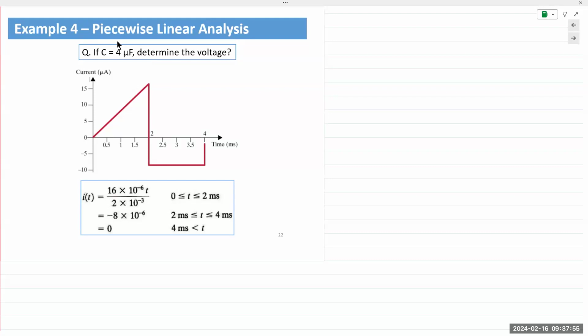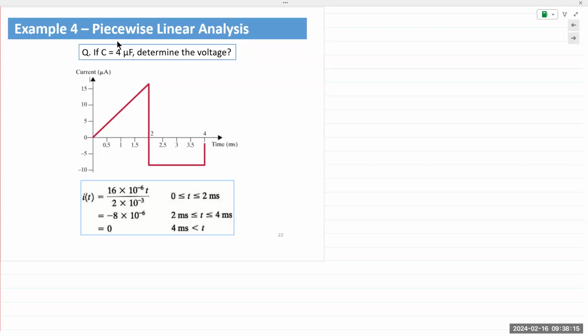Okay, so in a function like this, it's your job to recognize it and see if you can apply piecewise linear analysis. In this case, the answer is yes. If I break it up into 2 parts, each part has a linear relationship with time.